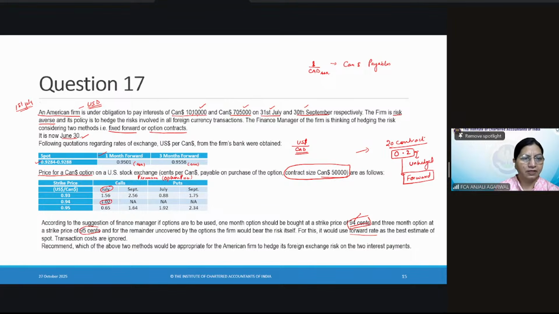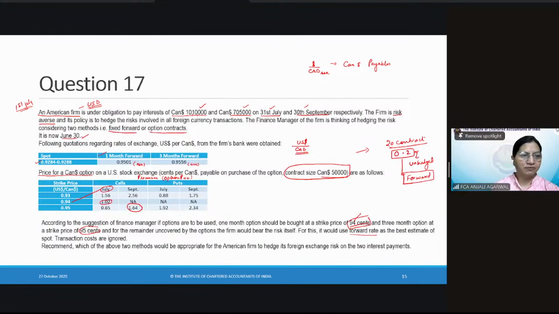So calls are taken for July at 0.94. Therefore, the call premium is 1.02, and for September, at 0.95, the call premium is 1.64.